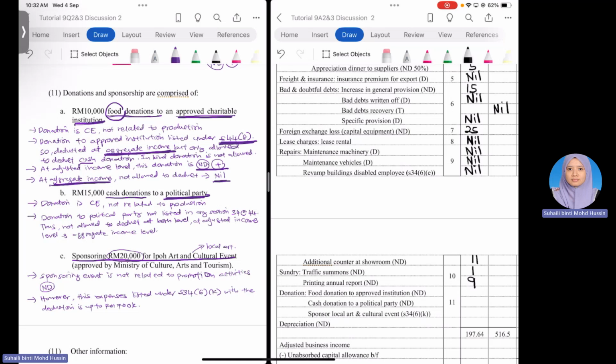Automatically, we understand that at the adjusted business income level, this donation is not allowed for deduction. So we have to add it back, 10,000 ringgit, at the adjusted business income level, because it's only allowed to deduct at the aggregate income level.